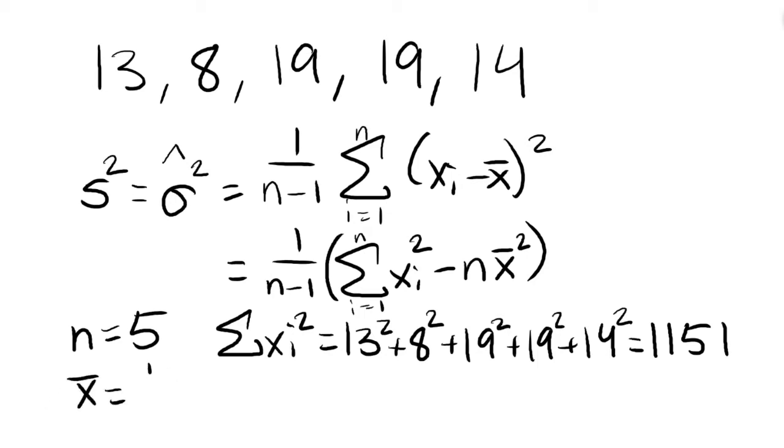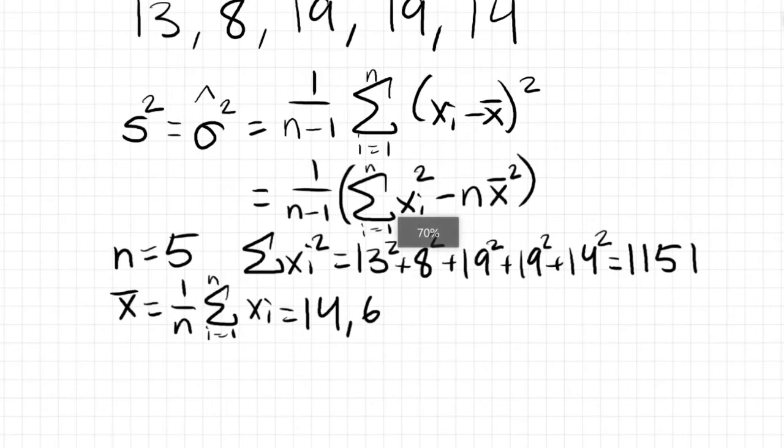And then we also need the x bar. For the x bar, we use the formula 1 divided by n times the sum i is equal to 1 to n of xi. I also have a video about how to calculate that, so you can check that if you're unsure about how the formula works. But if we calculate it, we would get 14.6. Then we have all the numbers we need to calculate the variance.